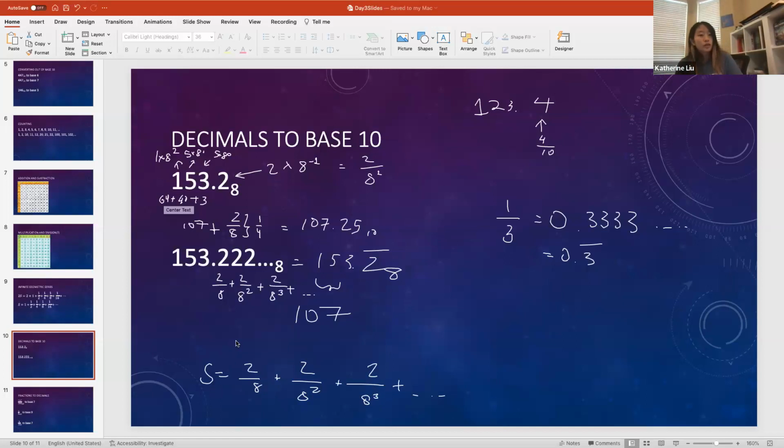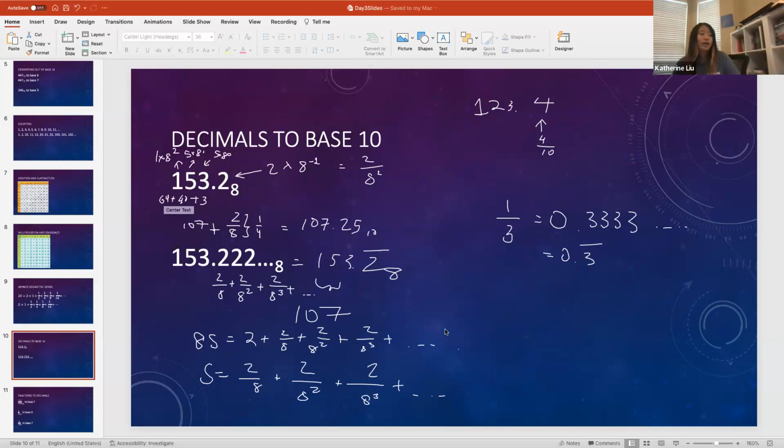Well, just like we multiplied by 2 the previous time, we can multiply by 8 here. So 8S equals 2 plus 2/8 plus 2/8 squared plus 2/8 cubed, and on and on and on.